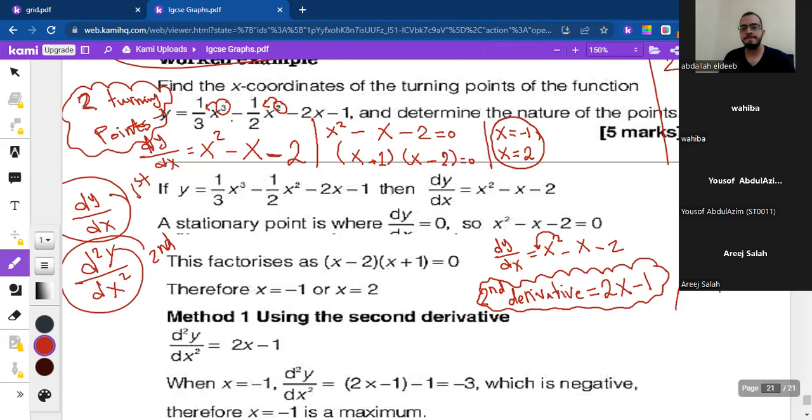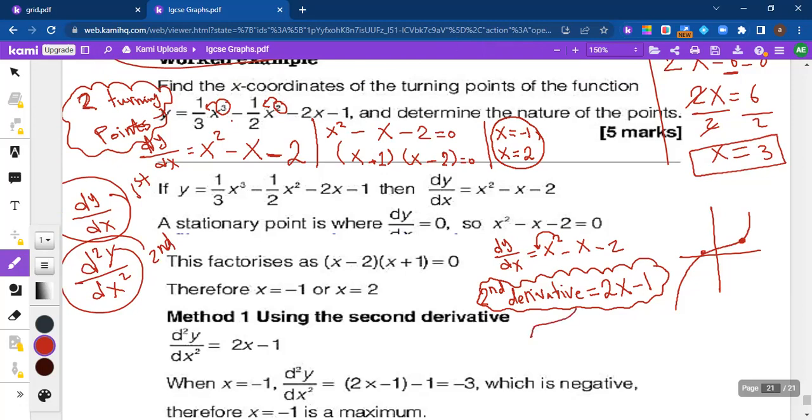Now, guys, what is the next step? Easy. Substitute now with x equals -1 and x equals 2. What should I do next?